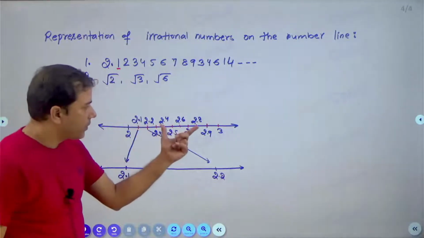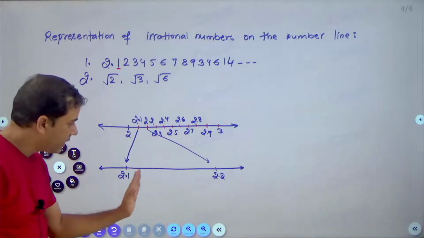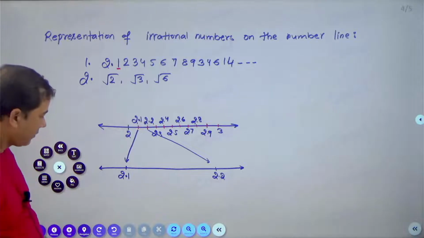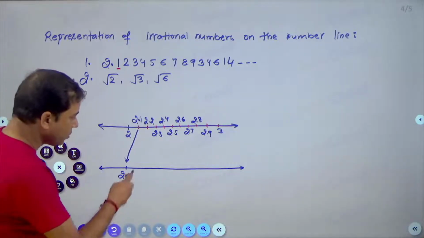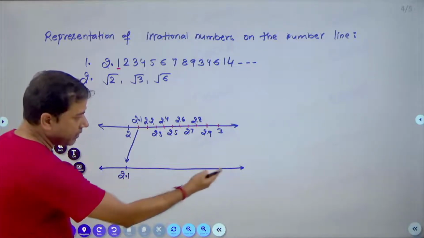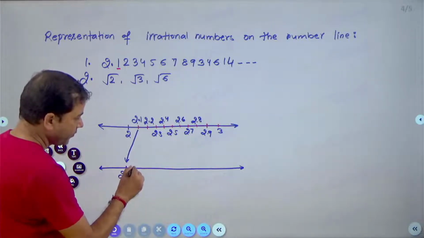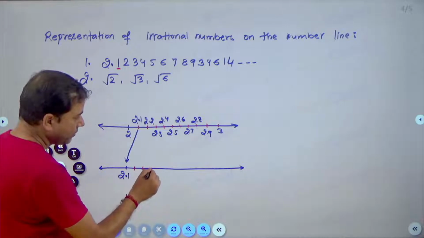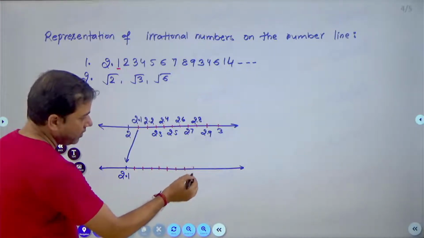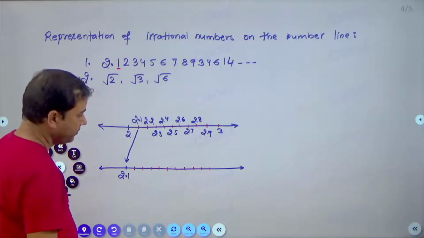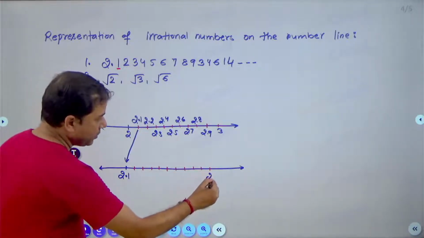And just as in the previous step, here also we will divide it in 10 equal parts. So this is my plan. 1, 2, 3, 4, 5, 6, 7, 8, 9, 10. This number is 2.2.